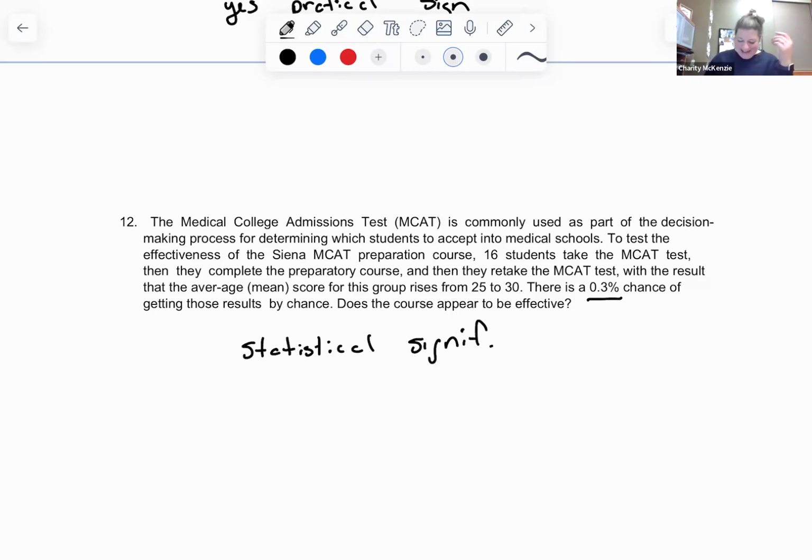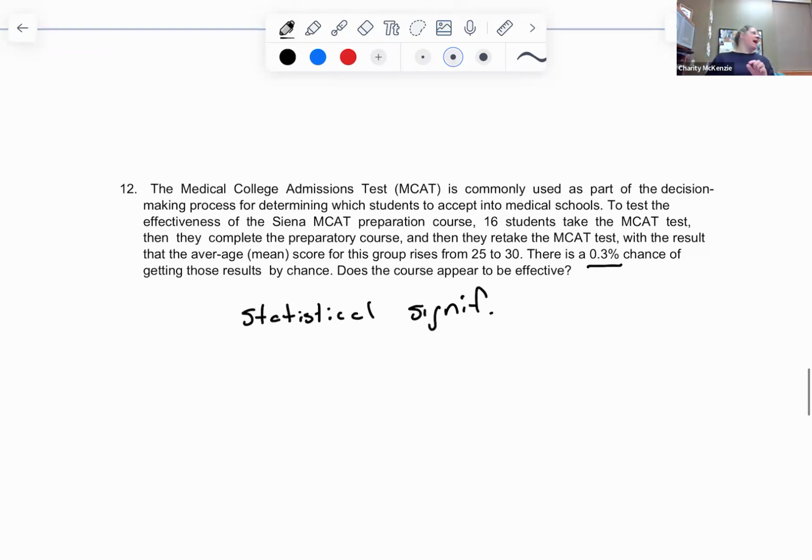In my brain I say them right, and then they just don't come out right. Does this also have practical significance? Does it make sense to do a preparation course? Yeah, so I would say it has that as well. In my brain, I'm thinking, yeah, that was helpful. So I would say it has both statistical and practical.